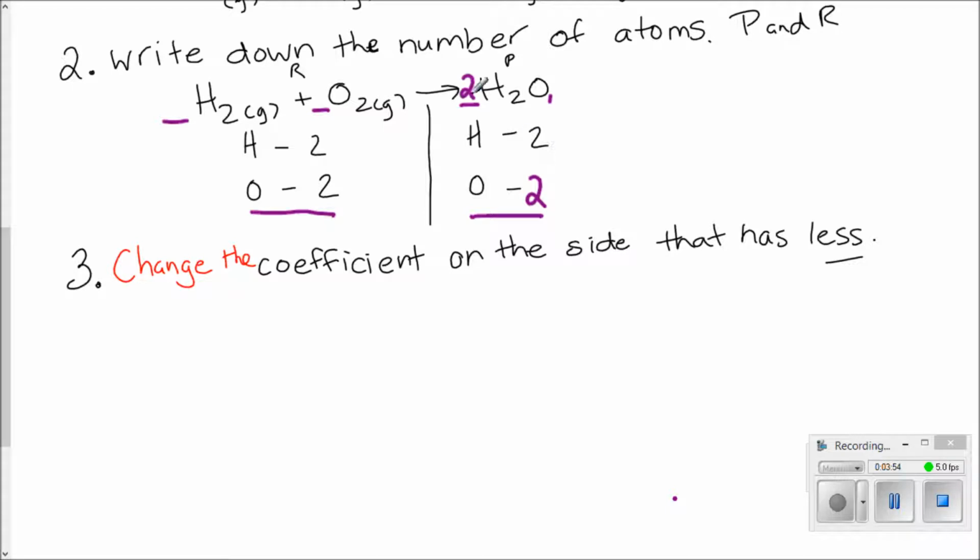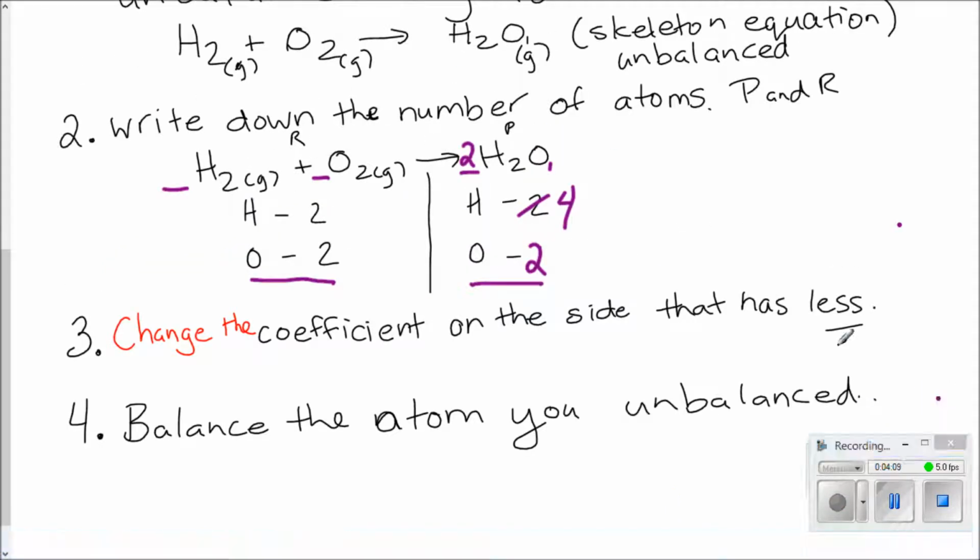But in the process, I've changed the amount of hydrogen, so that is now 4. So you can see I now have another unbalanced problem here. Hydrogen is unbalanced, so I have to fix that next. Okay, since I upset this hydrogen, I want to balance the atom I unbalanced.